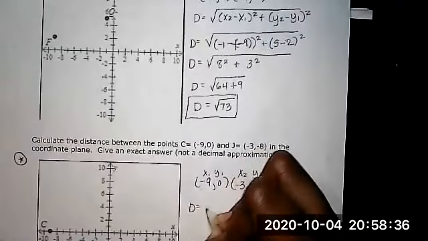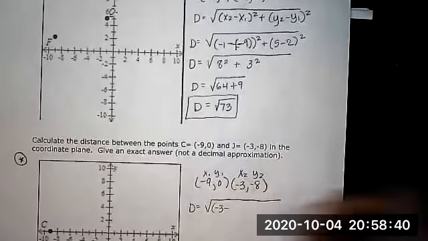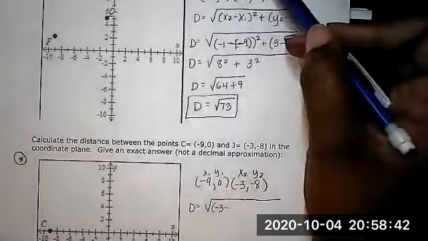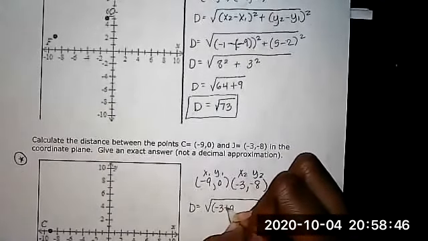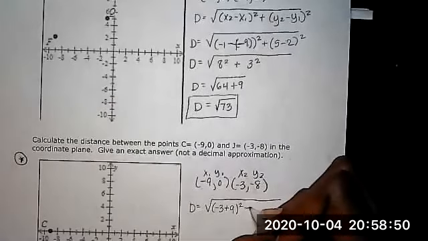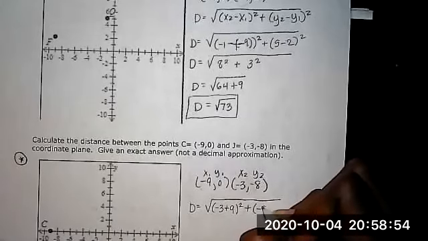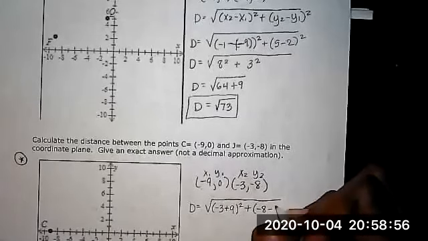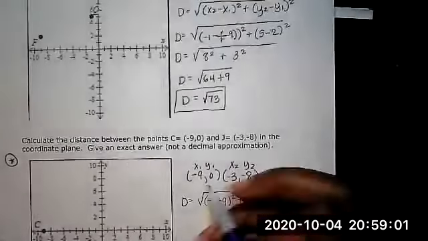D equals the square root of x2, which is negative 3, minus x1, negative 9. I'm going to say plus 9. Minus negative became plus, and then squared. Plus y2, which is negative 8, minus y1, which is 0, squared.